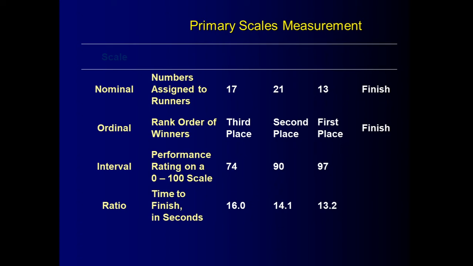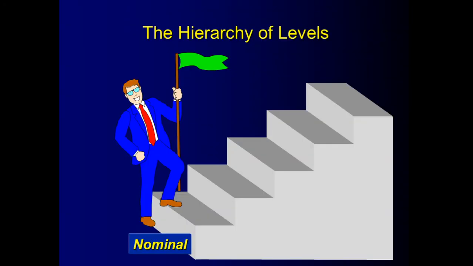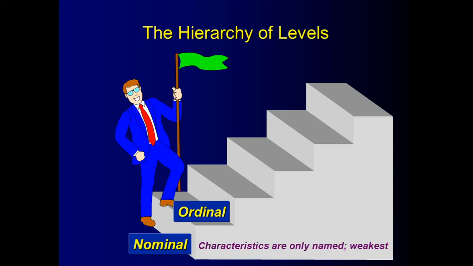So now we will move on to the elaboration. Nominal scales are the weak scales because the characteristics are merely for namesake. The numbers assigned to the values are only namesake.